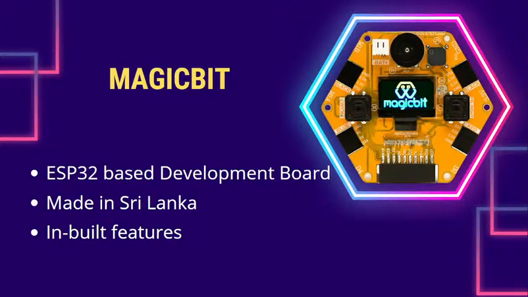We'll see what this Magicbit is. I will give you a little explanation about this Magicbit development board. This Magicbit development board is an ESP32 based development board. It is fully made in Sri Lanka, and there are a lot of inbuilt features in this. As it is made in Sri Lanka, you can have it within Sri Lanka without importing or spending a lot of money.